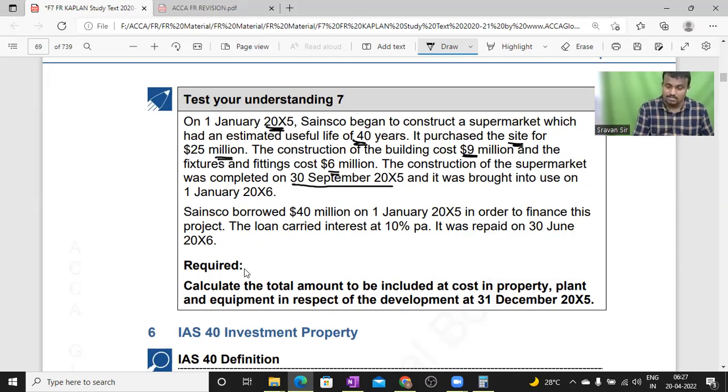It was brought into use on 1st January 2006. Synisco borrowed $40 million on 1st January to finance this project. The loan carried a rate of interest of 10% per annum. It was repaid on 30th June 2000. Calculate the total amount included in the cost of PPE in respect of the development as at 31st December 2000.